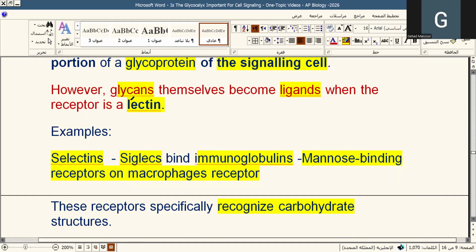Unfortunately, the siglecs, which are lectins and which can recognize carbohydrates, in such a case sialic acid, become non-functional in case of cancer cells, and moreover, the cancer cells do not have enough sialic acid, so the immune system does not attack the cancer cells.